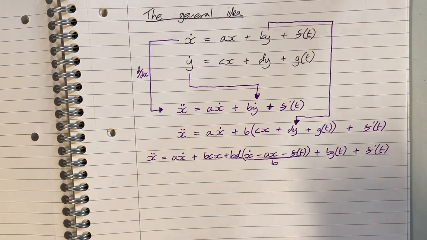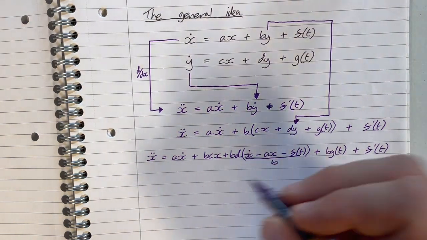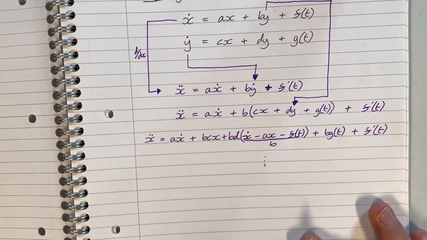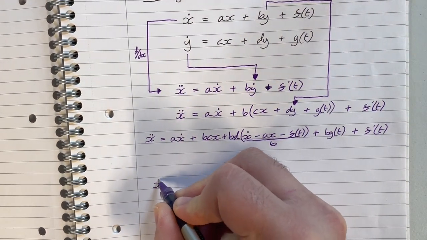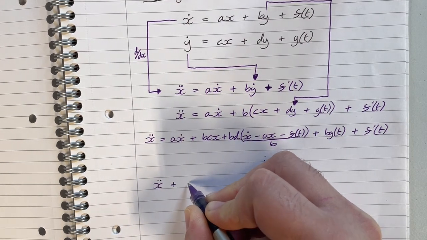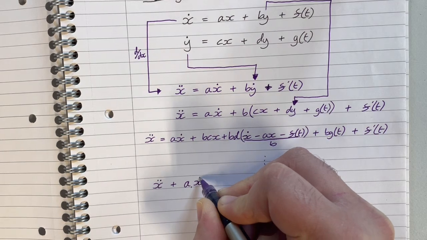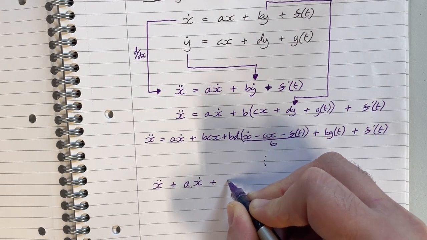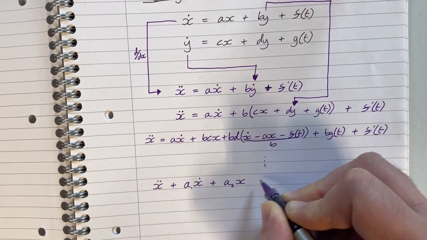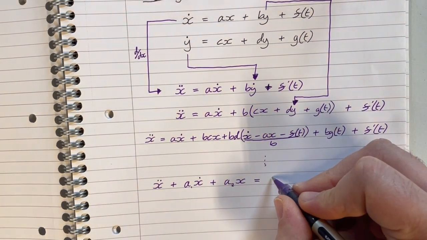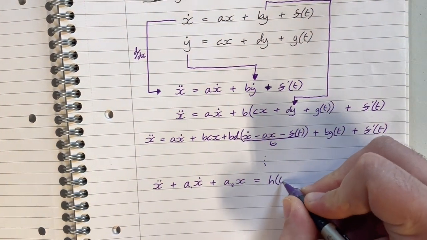But you can boil it down with a little bit of manipulation into x double dot plus something, which I'm going to call A1 times x dot, plus something else, which I'm going to call A2 times x, equals some function of t, which I'll call h.